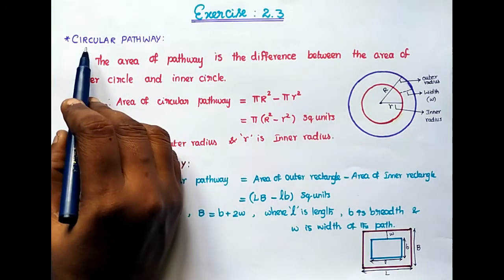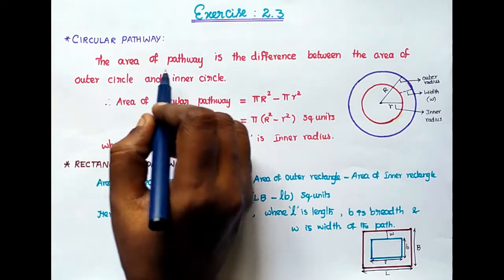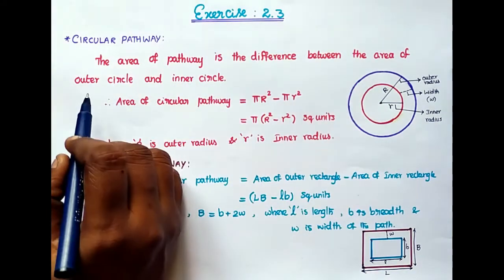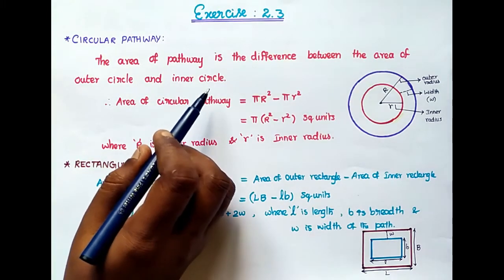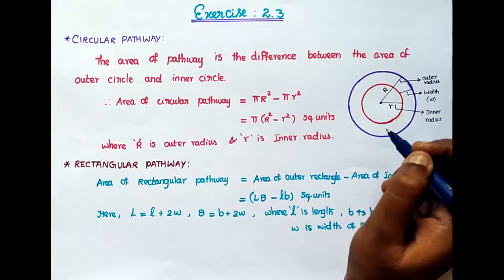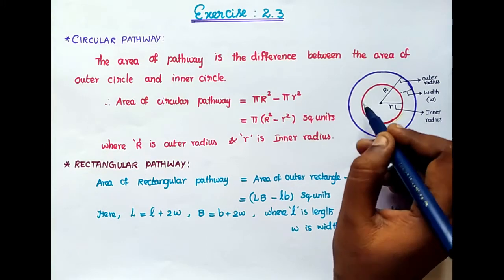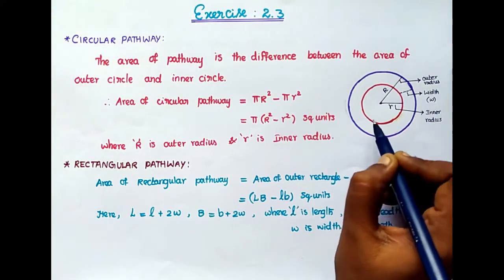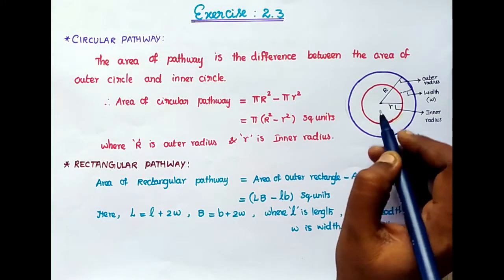Listen, circular pathway. The area of pathway is the difference between the area of outer circle and inner circle. Listen, the figure. Here is the outer circle and it is the inner circle.